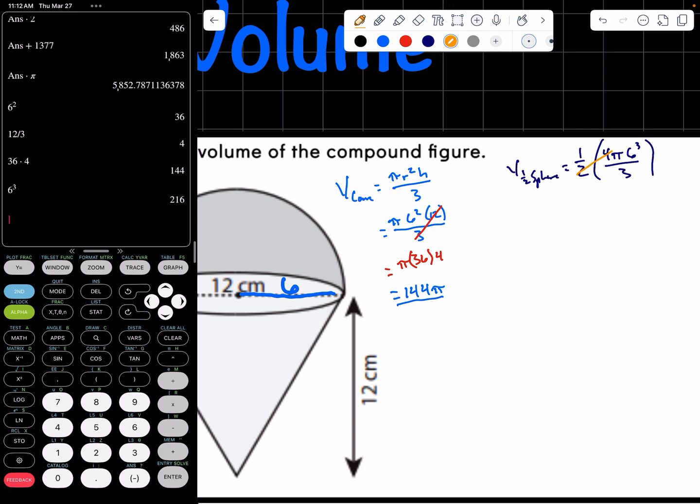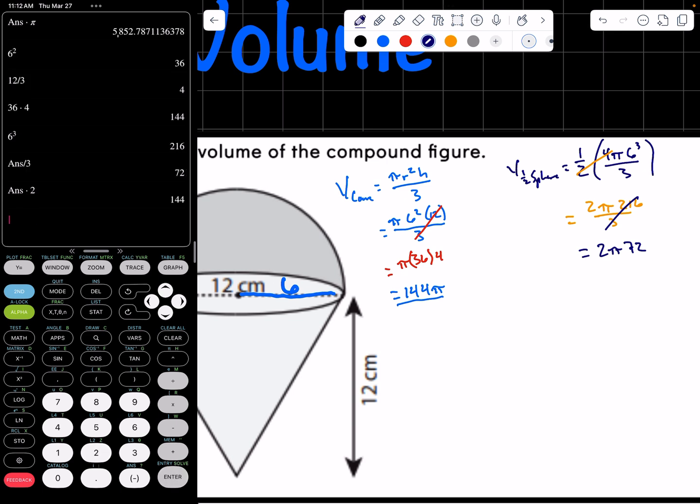I'm going to cancel those right now. So that's going to equal 2 pi times 216 all over 3. I'm going to go on ahead and divide 216 by 3 to simplify this. So I've got 72, excuse me, I have 2 pi times 72. So 72 times 2 is going to be 144 pi.